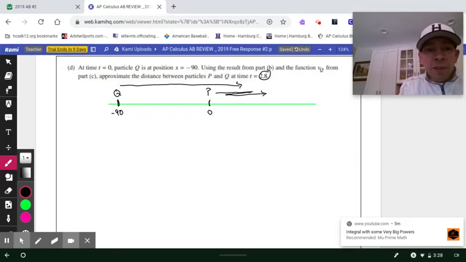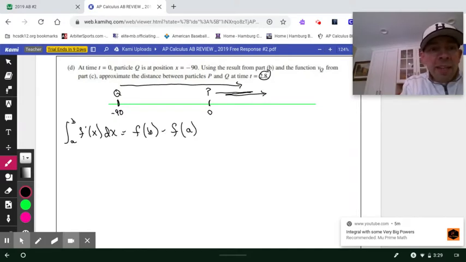So here's how I'm thinking about this. Let's take a look at Q first. So what I'm thinking is, let's review this in a general sense. If you have a definite integral, and let's say you're integrating f prime, that's guaranteed to be equal to f of b minus f of a.